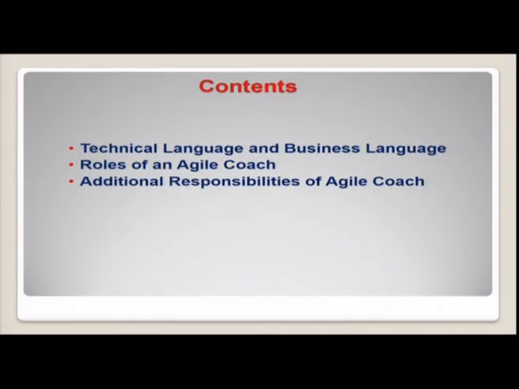Similarly, in your Scrum framework, you have a master called the Scrum Master. So the Scrum Master is also an Agile coach, but more prevalence is given to the XP coach. So the XP coach is called an Agile coach.